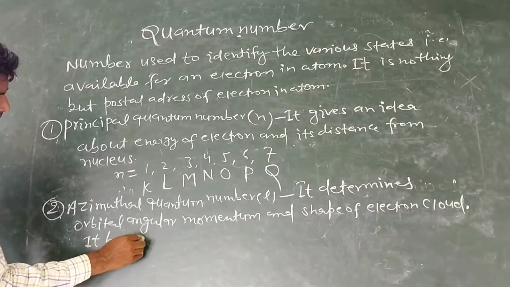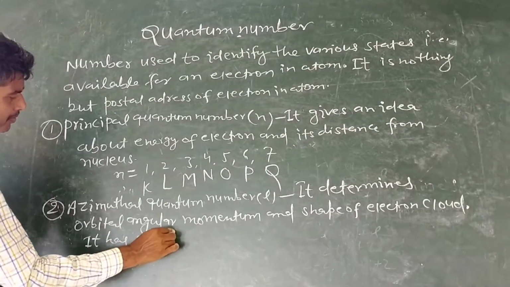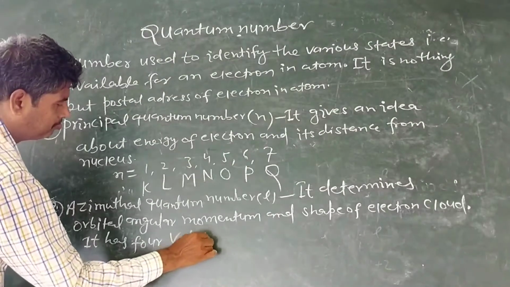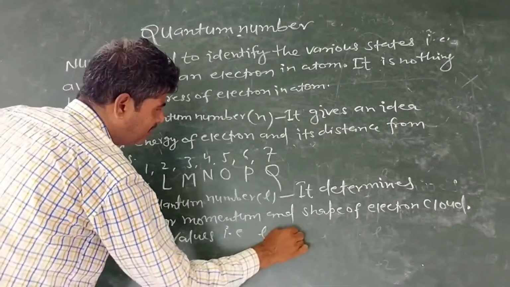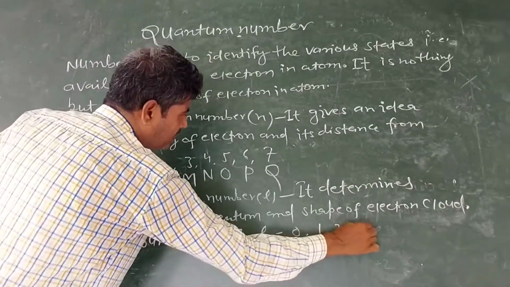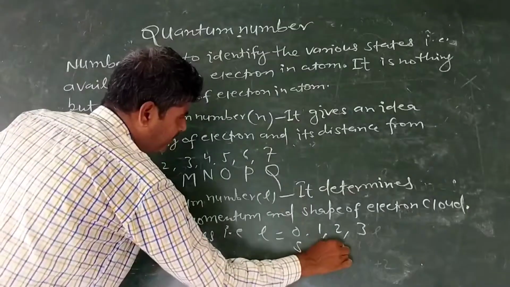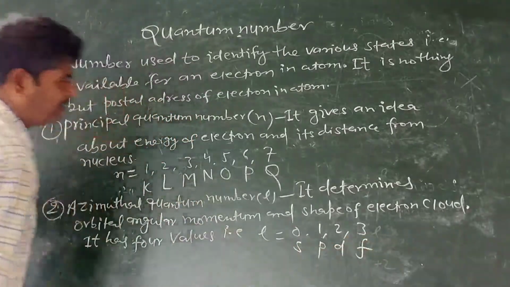It has four values, that is l is equal to 0, 1, 2, 3, the s, p, d and f orbitals.